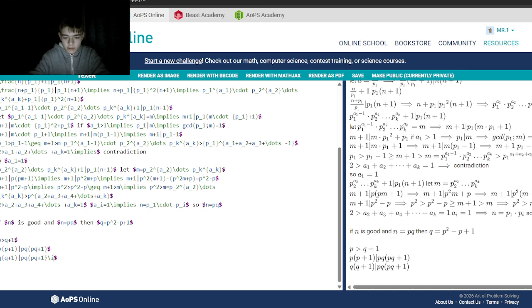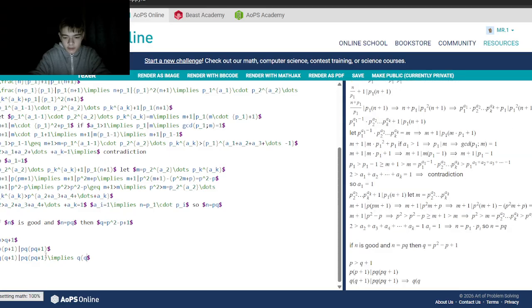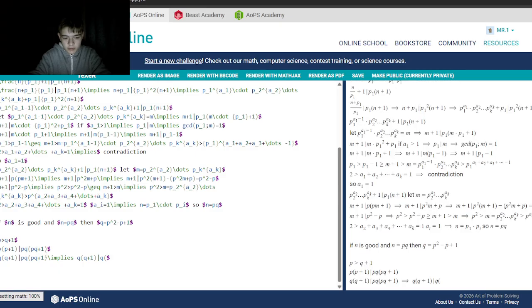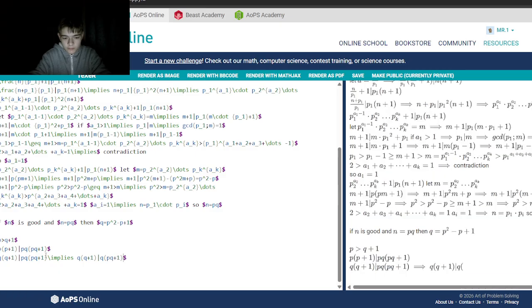So this just implies that q times q plus 1 divides q times pq plus 1. And we can just remove q's from both sides, so we get q plus 1 divides pq plus 1.